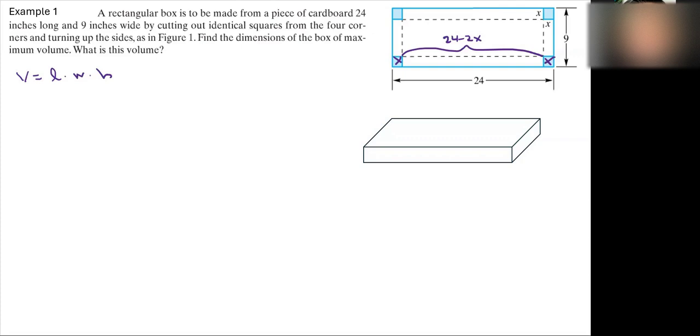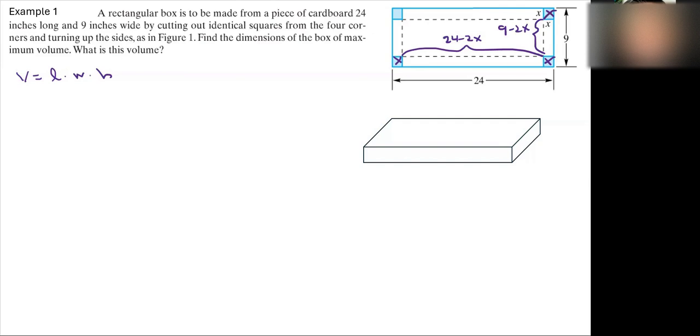If I do the same thing for the right side of this cardboard, I cut out the bottom of this side and also the top part here. I know this whole thing is 9, so if I cut those two corners out, this piece here is going to be 9 minus 2x. Let's transfer that information to this rectangular box.